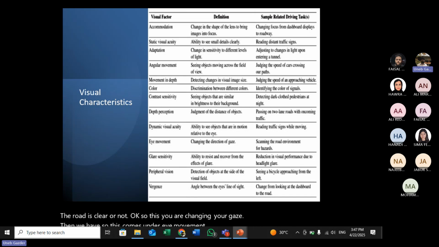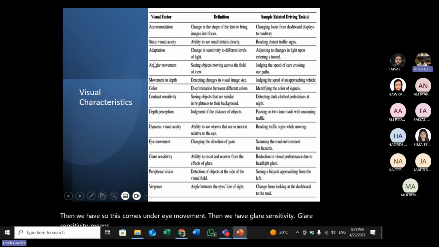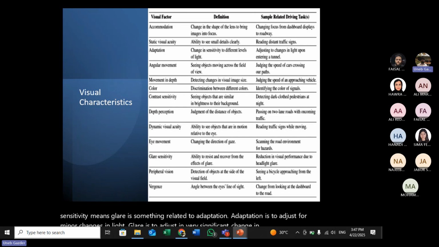Then we have glare sensitivity. Glare is something related to adaptation. Adaptation is to adjust for minor changes in light. Glare is to adjust to a very significant change in light. For example, a car is coming in front of you and the full headlights are on.